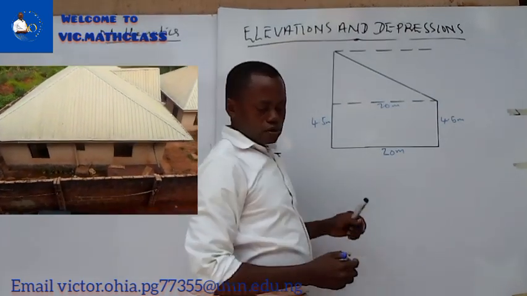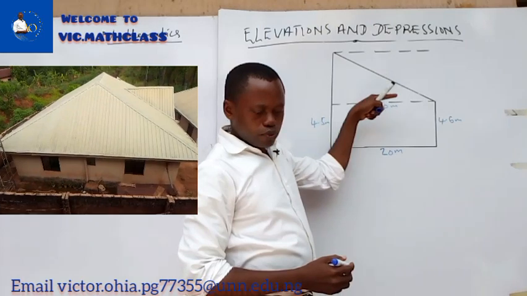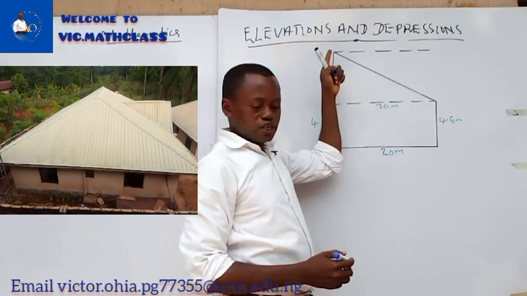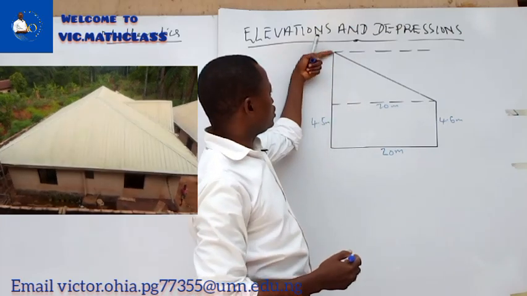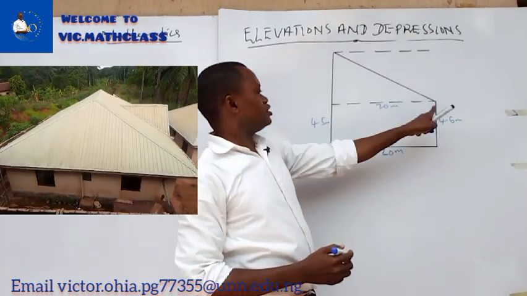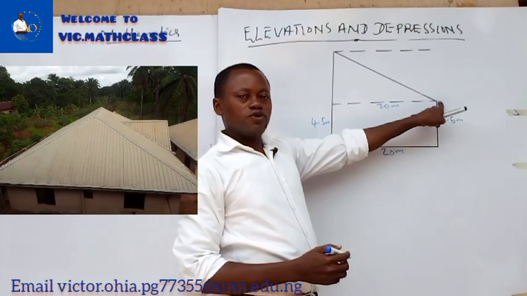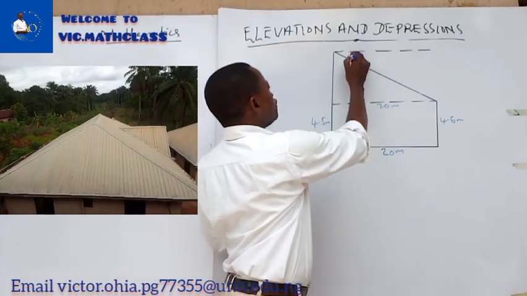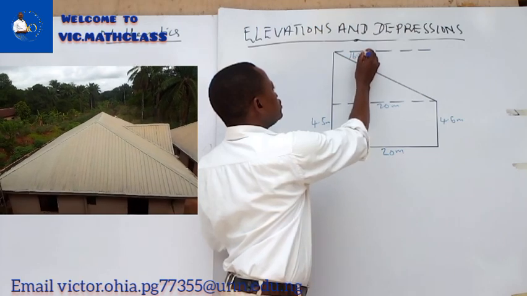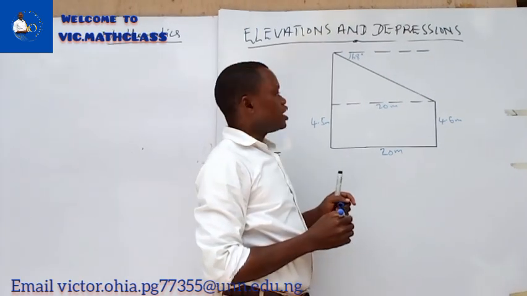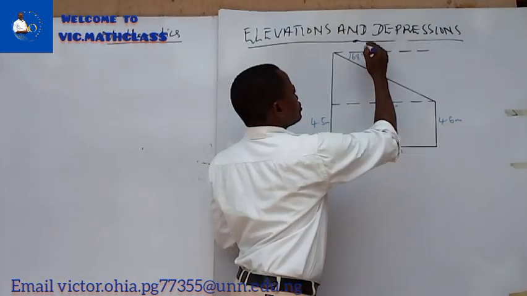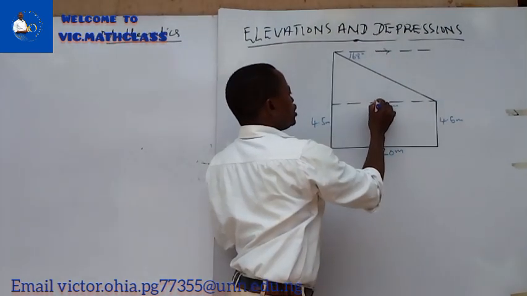We are told that the angle of depression of the top of the building, from the top floor of the story building where I am, to the roof that I was looking at, is 68 degrees. Do you also realize that this line is parallel to this line?